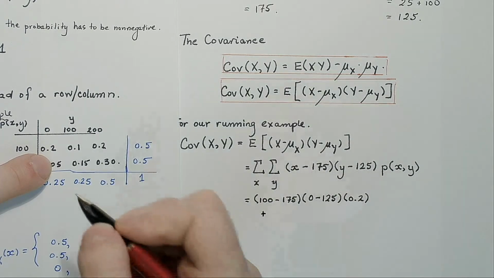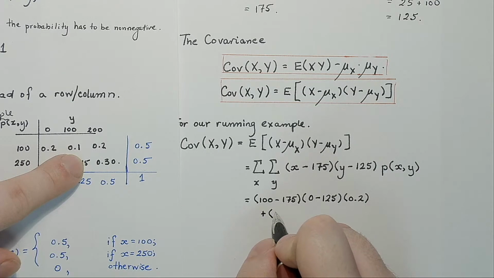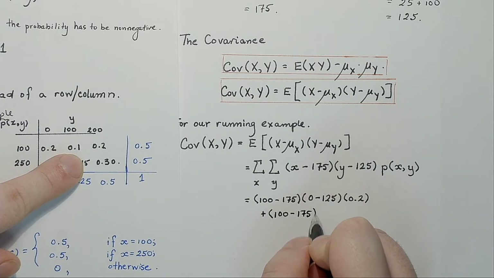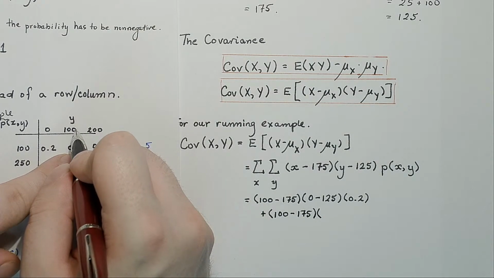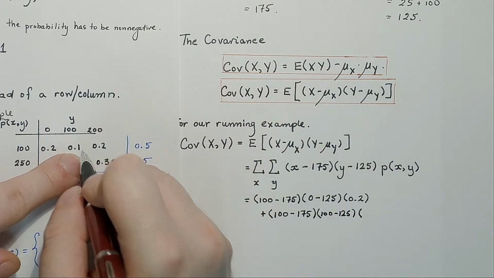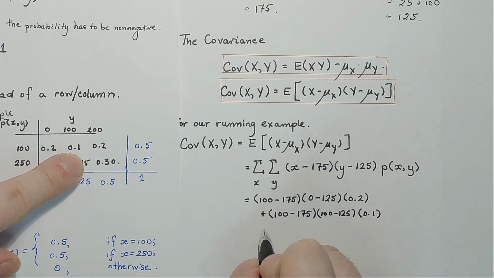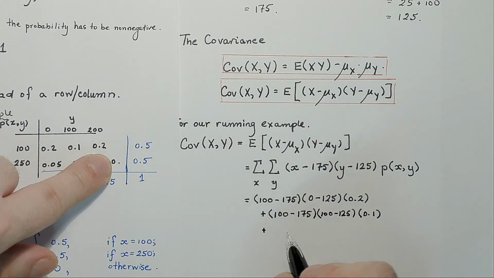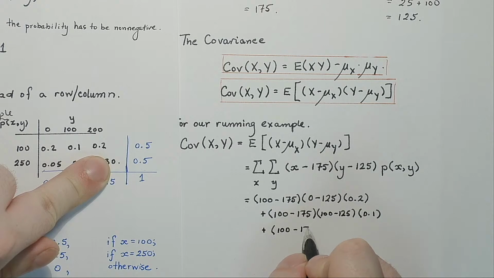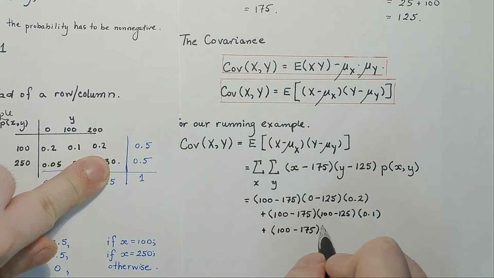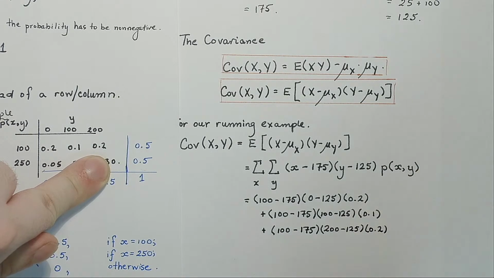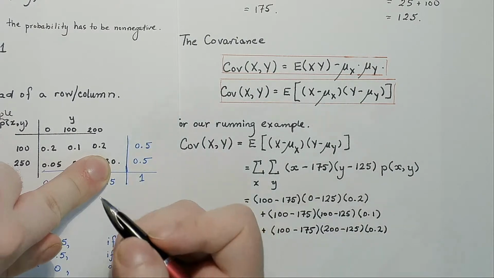Then the next part is I have 100, so there I'm still with 100, minus 175 times 100 minus 125 times 0.01. And the next one I have is 100 minus 175, 200 minus 125 times the 0.2. So that's done for the first row.